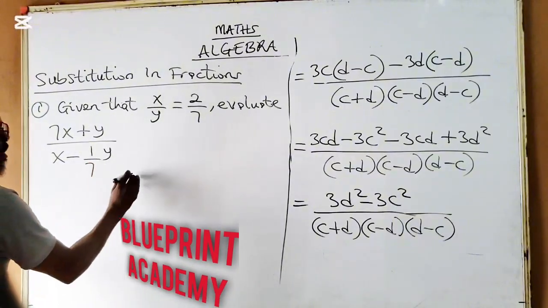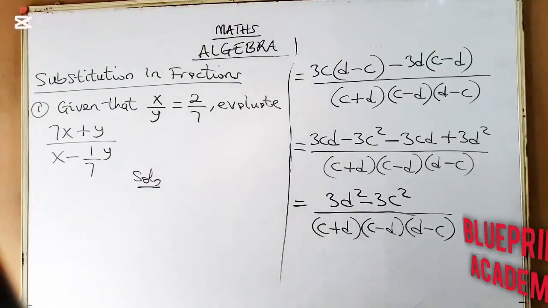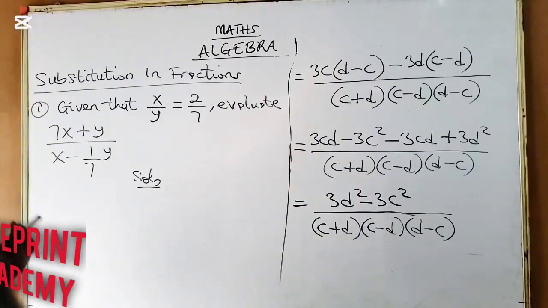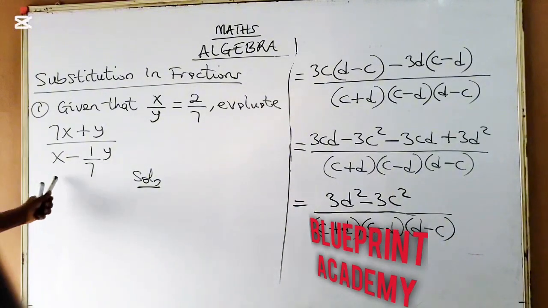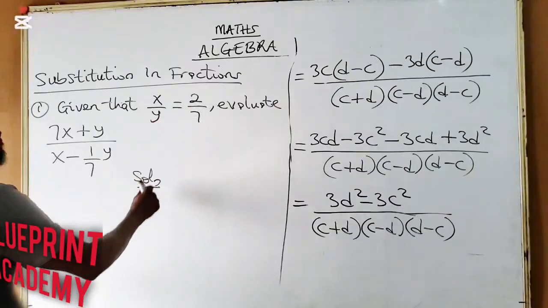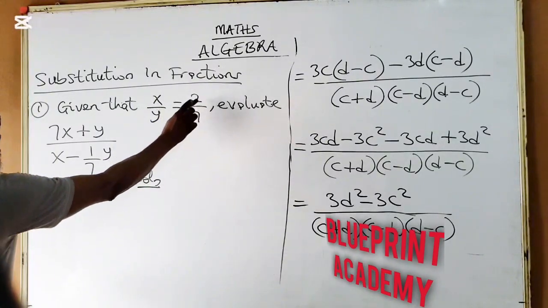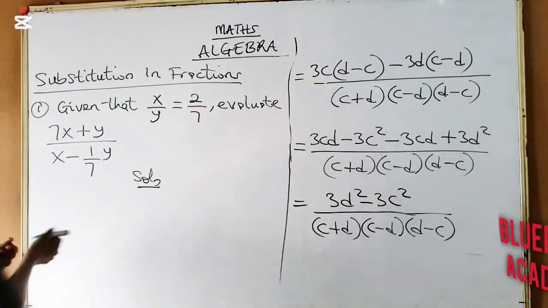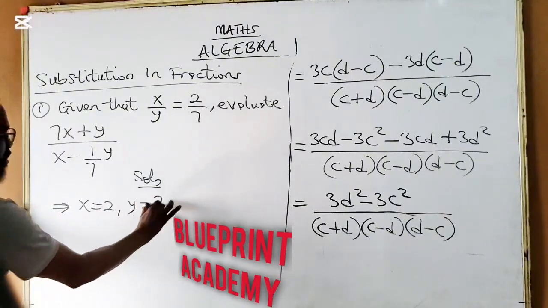Y. Now, if you have a question like this, what you are simply asked to do is just to substitute. You are told that x over y is equal to 2 over what? 7. What this simply means is that x is equal to 2, then y is equal to what? 7.